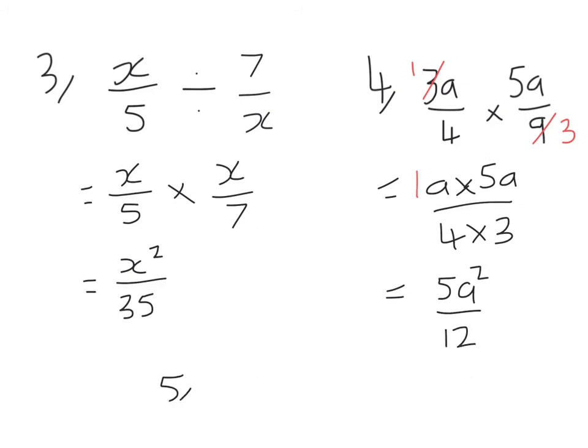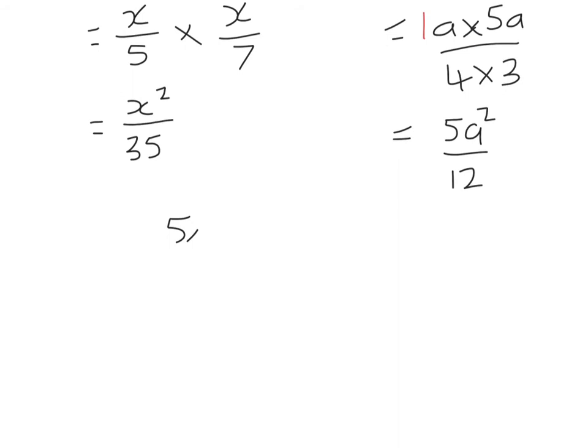And I've just decided on a wee extra fifth example. So if we had something maybe like 3a divided by 4, and we multiplied that by maybe 12 over a.